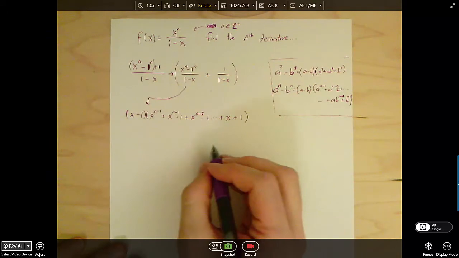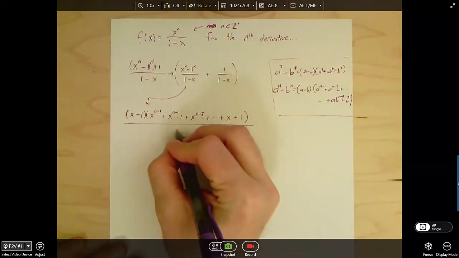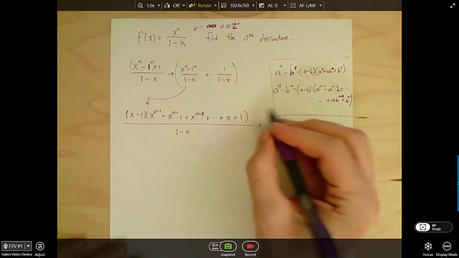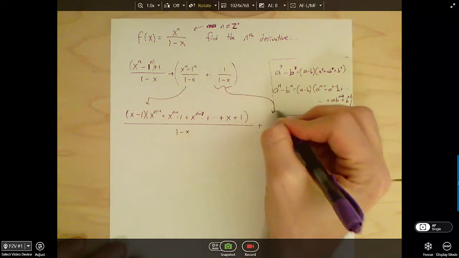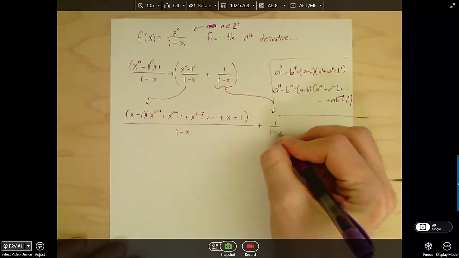All right, so I've applied my simplification, and that's all over 1 minus x, and then don't forget I've still got this part over here, which is 1 over 1 minus x.